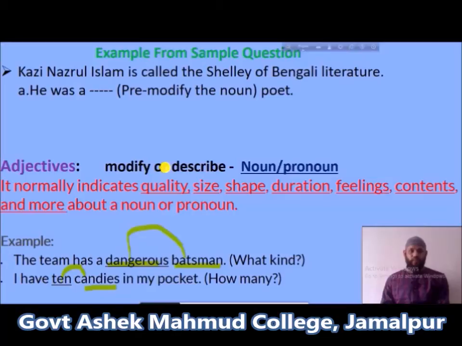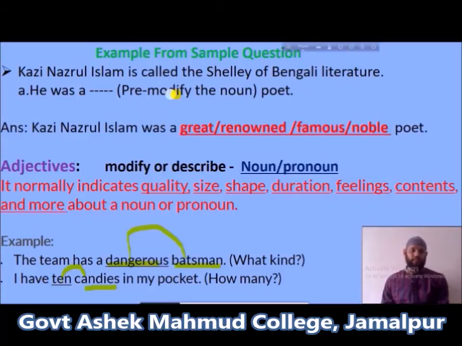So let's see what is the probable answer to this very question. Your answer is: Kazi Nazrul Islam was a great, renowned, famous, novel poet. You see all the words I have written here are adjectives. So don't be confused.